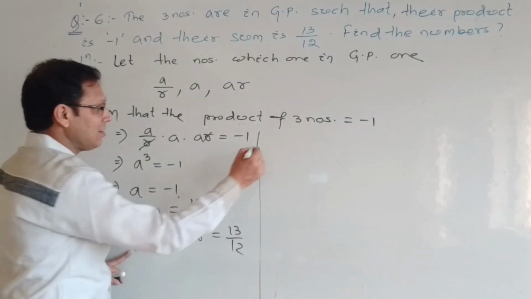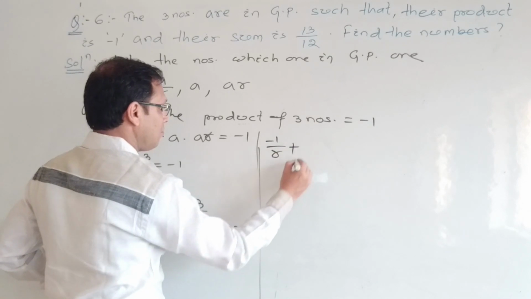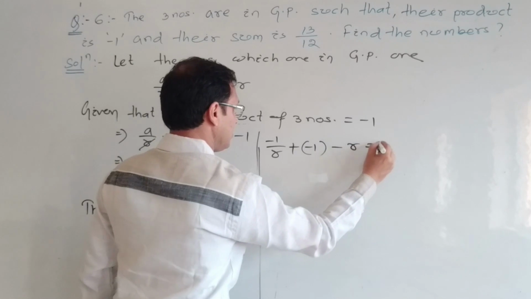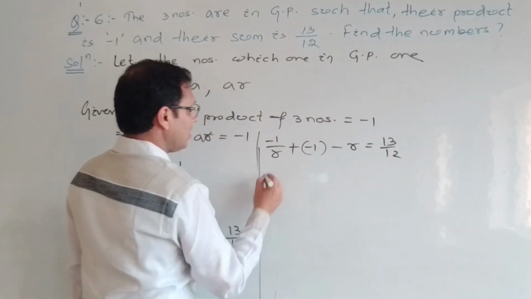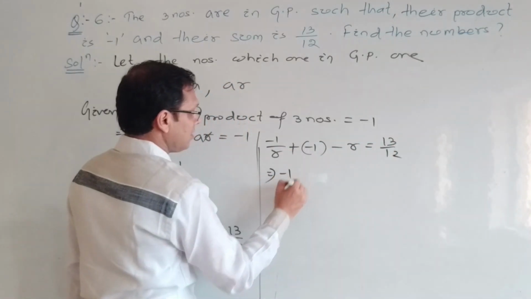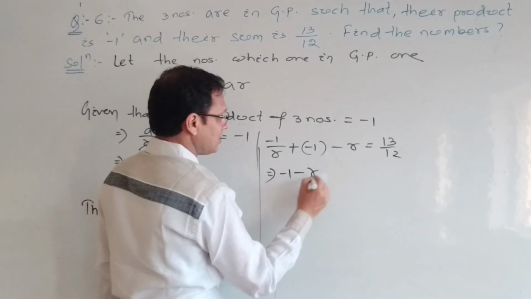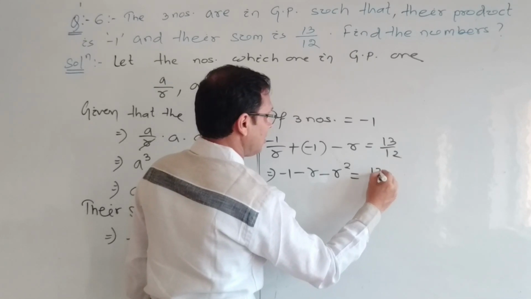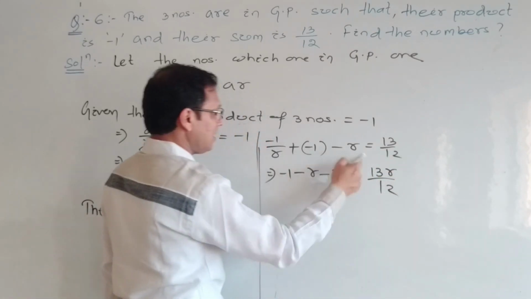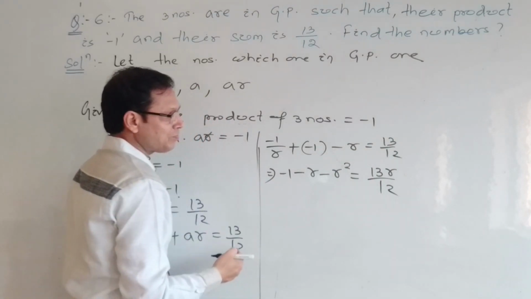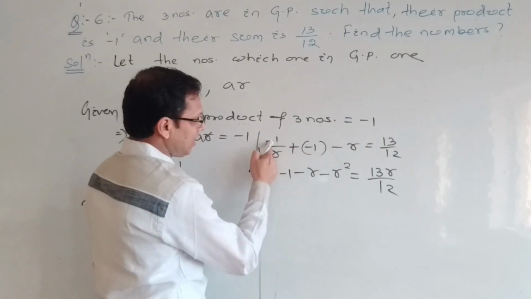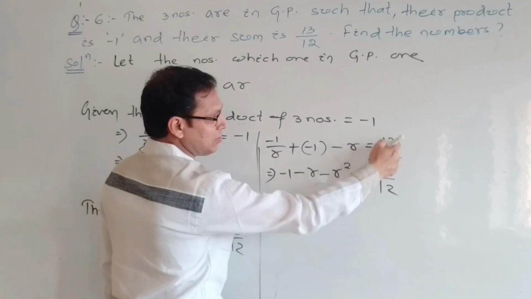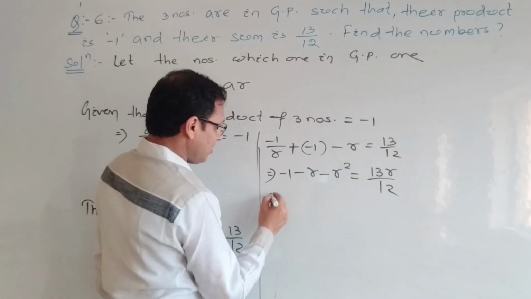So replacing here, minus 1 by R plus minus 1 minus R is equal to 13 by 12, or in other words that is minus 1 minus R minus R square is equal to 13R by 12, taking LCM and multiplying here. So taking LCM, minus 1 minus R square is equal to, R should be multiplied here, 13R by 12.